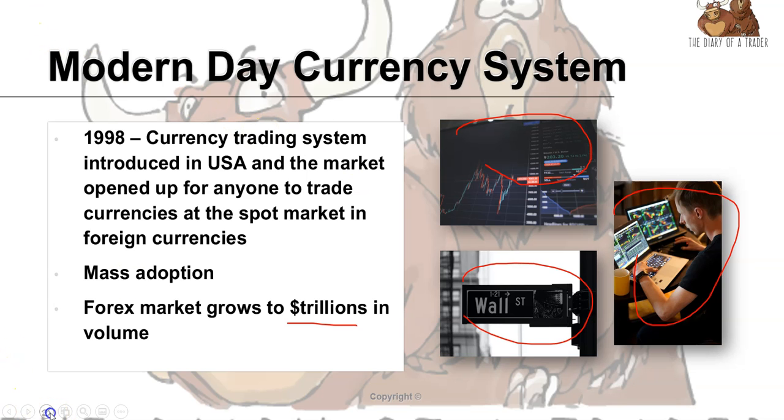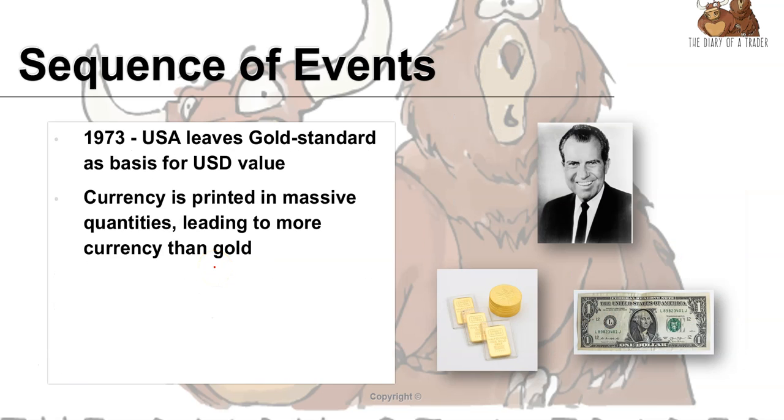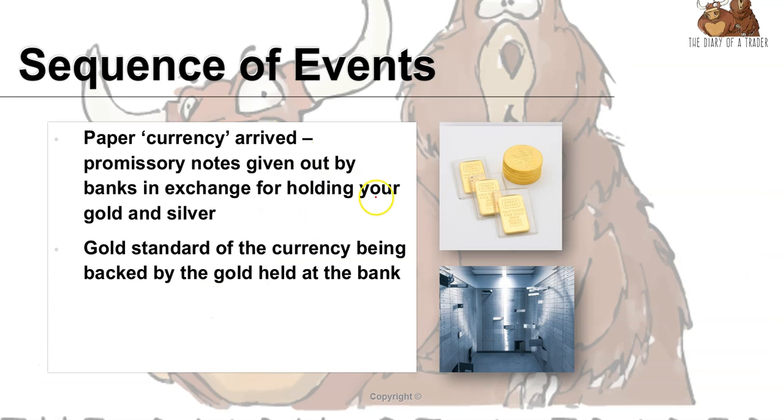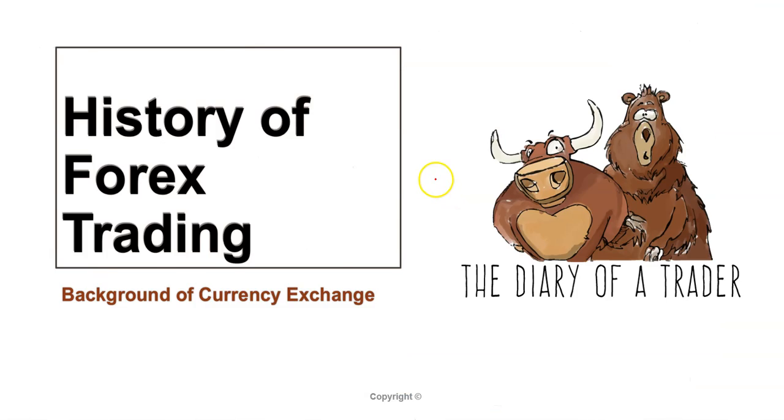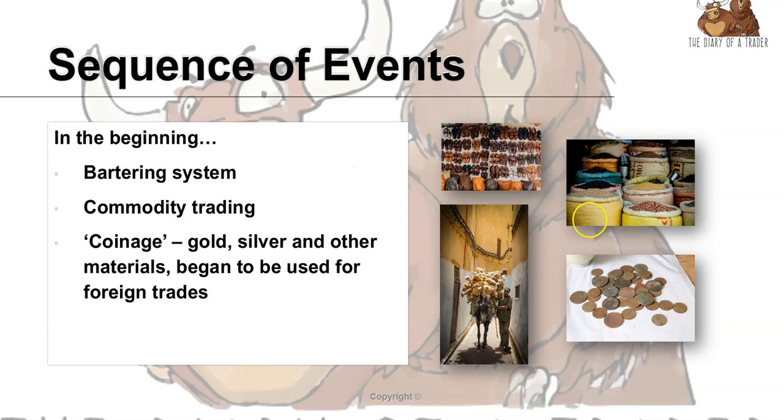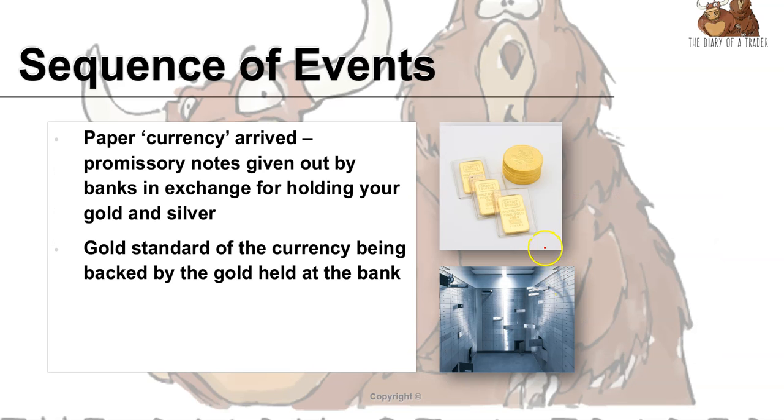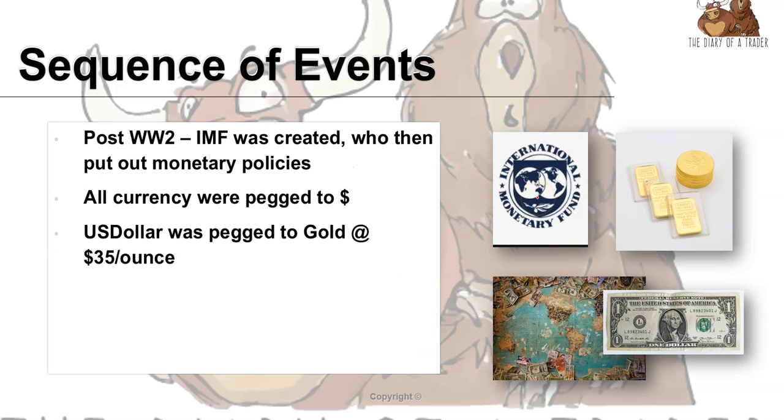So that's where we are right now, and this is where we have been. We started with the basics of bartering, commodities turned into coins, turned into storage of gold, which was then given out through notes on promises, IOUs.